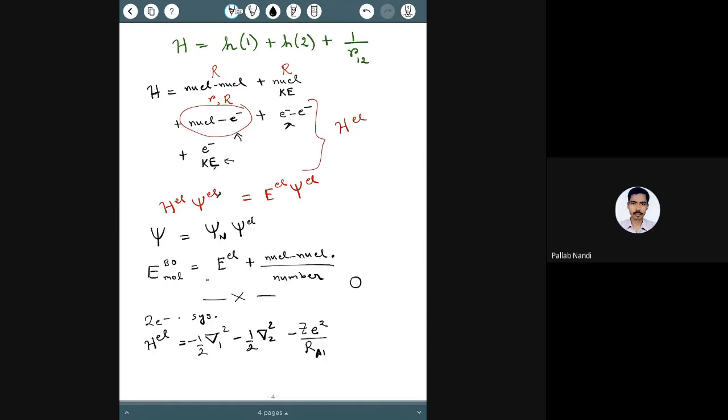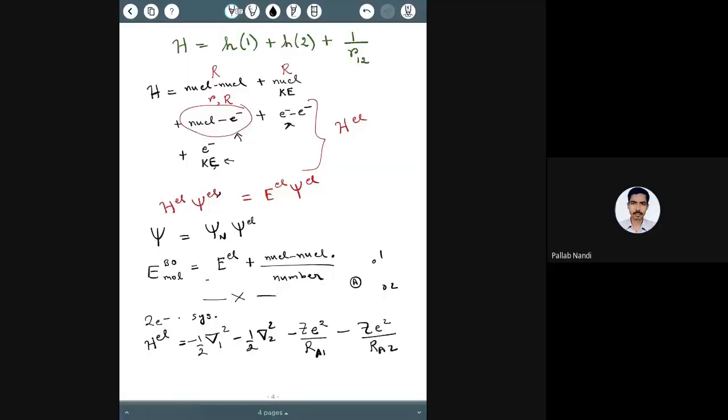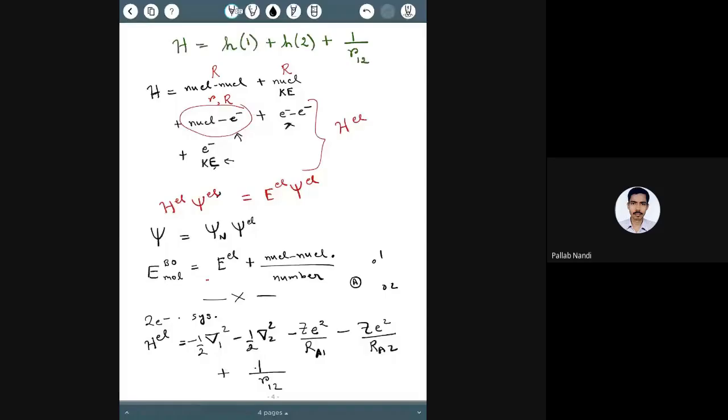Let's say the molecule is just an atom with one nucleus A. That simplifies things. And two electrons, 1 and 2. Minus Z e squared over R A1, minus Z e squared over R A2. And then we have the electron repulsion, which is 1 by R12.